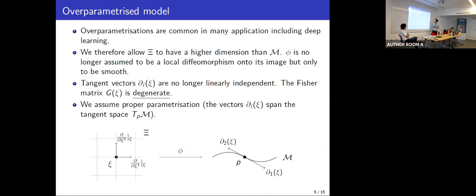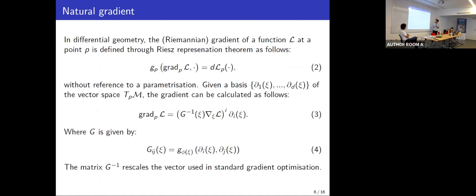And then the main, or apparent, problem that is happening is that this matrix G here, which is calculated by plugging in all these tangent vectors from the parameter space, will become degenerate.